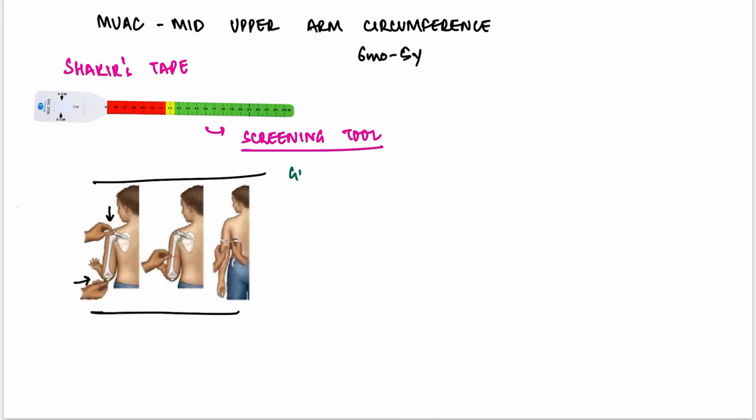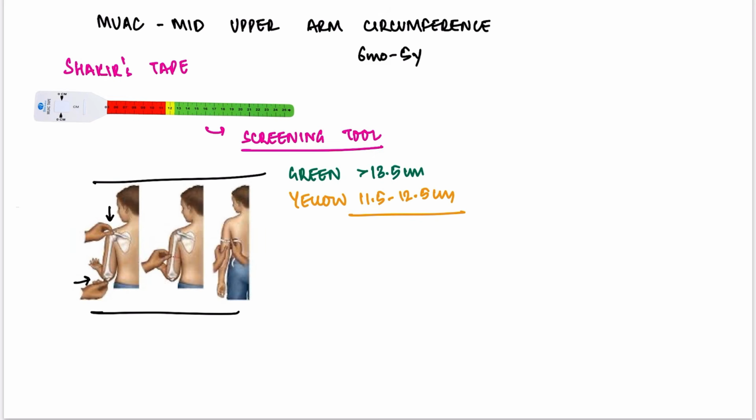Green means the child does not have malnutrition. The child has normal nutrition, good nutrition, appropriate nutrition. This is when the mid upper arm circumference is more than 13.5 centimeters. Then comes the yellow zone. This yellow zone is in between 11.5 to 12.5 centimeters.